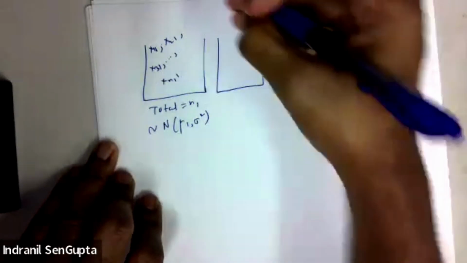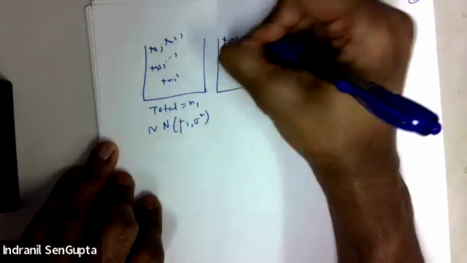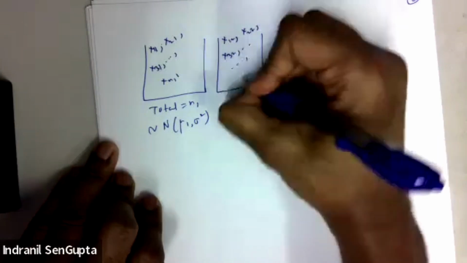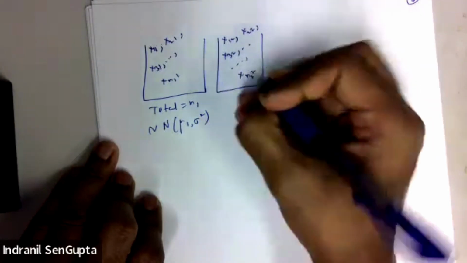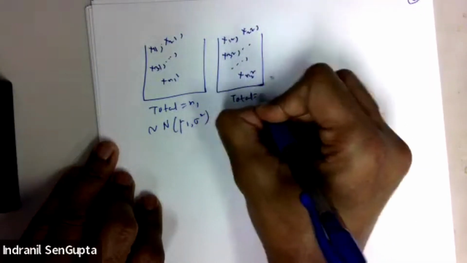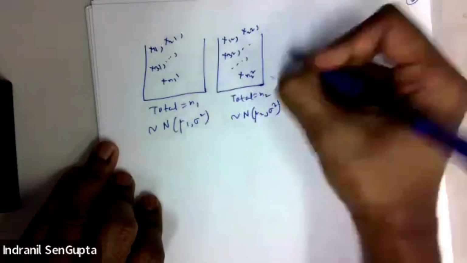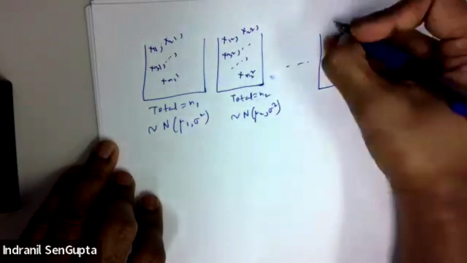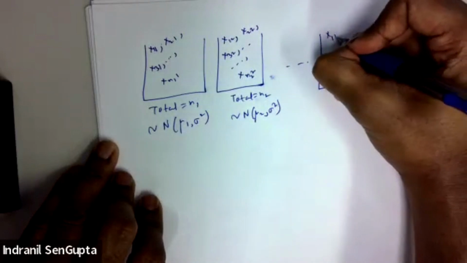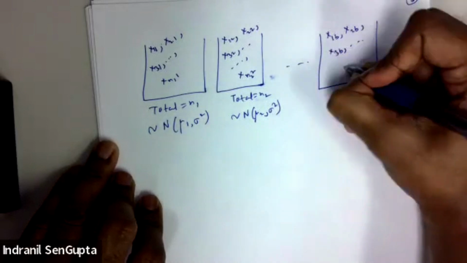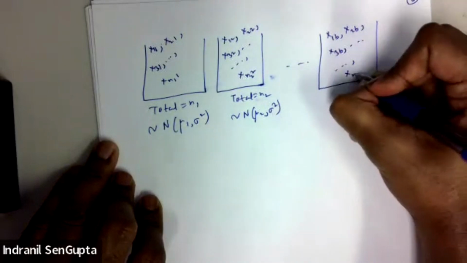The second one has a sample x12, x22, x32, and the last one is x n2 2. Here the total is n2, and it follows mu2, sigma squared. And the last one in this list is x1b, x2b, x3b, all the way up to x nb b.